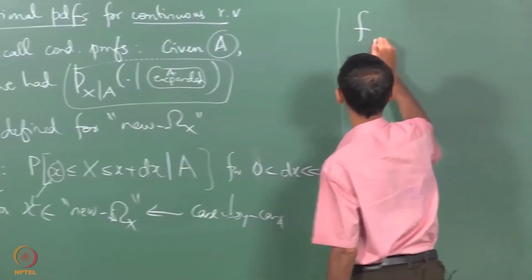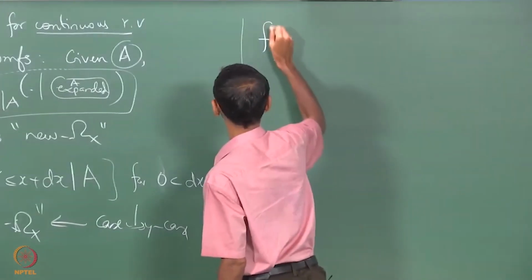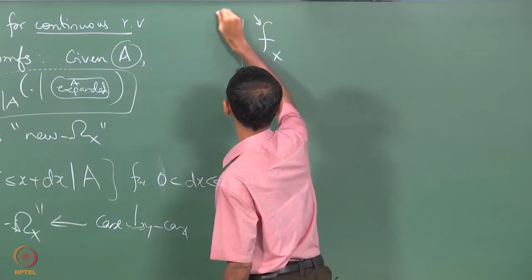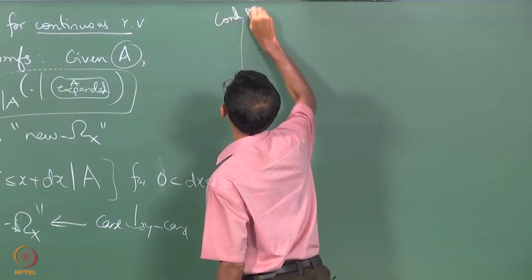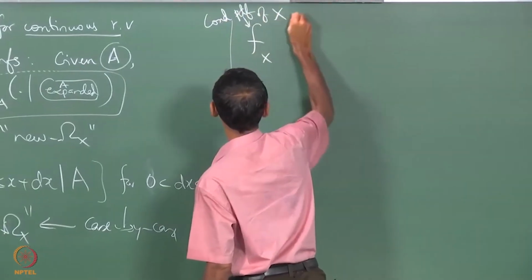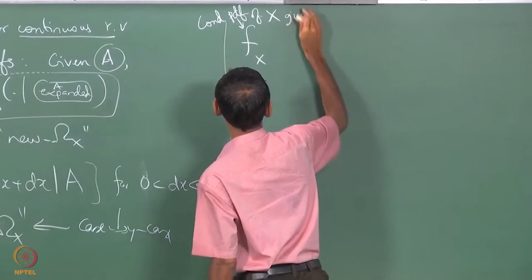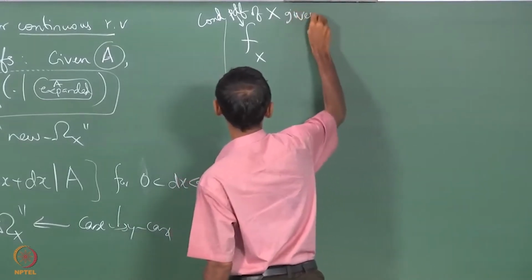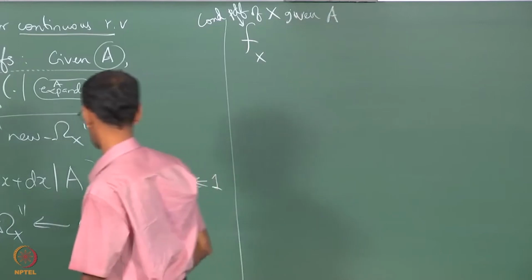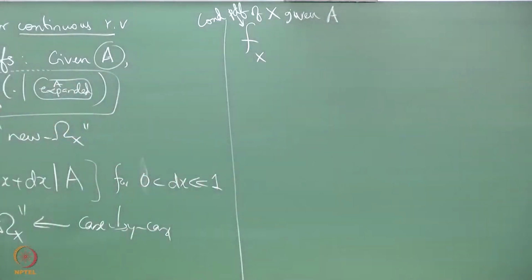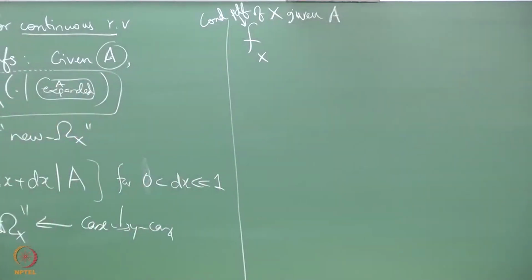So this conditional density function f, this is the conditional PDF of x given A. I am writing it on top, maybe not the best thing to do, but I don't know what else to do out here. I started writing, so maybe I'll write it here just so that it's for the camera.